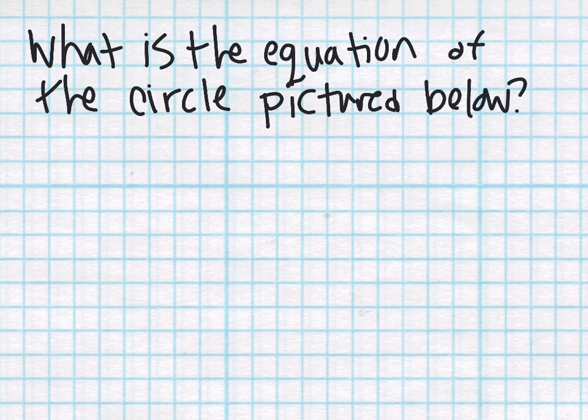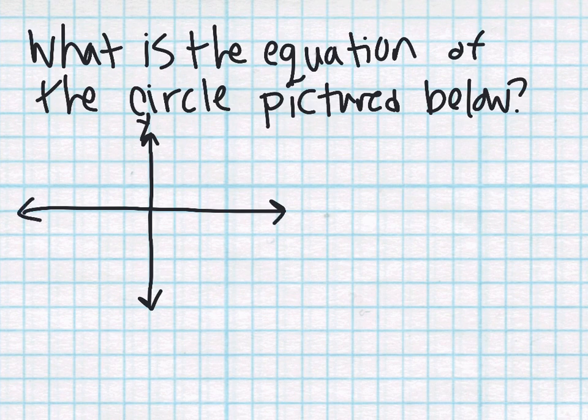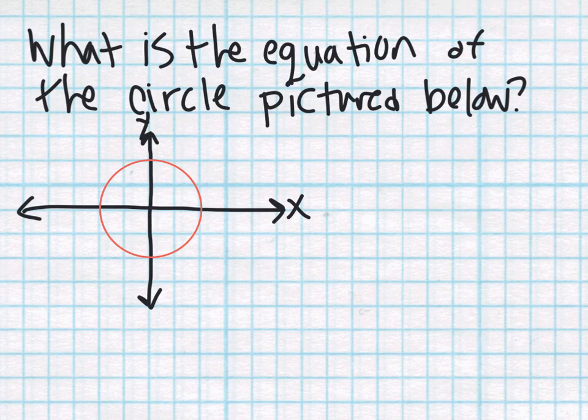Now we're going to try and make an equation based on a graph. So here's my graph. Y-axis, x-axis. I'm going to put a circle in here. Alright, so here is my circle.